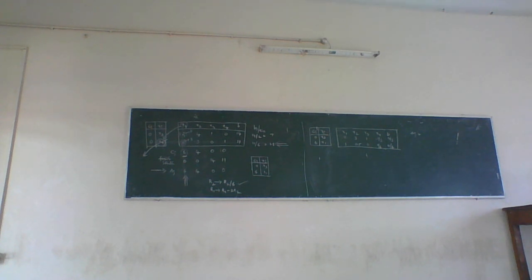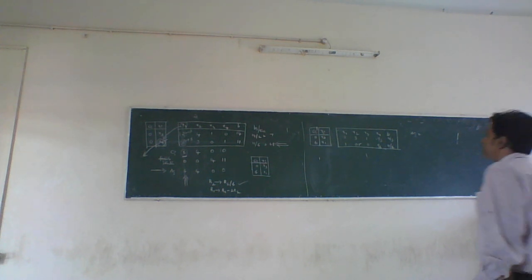How many girls have done? Now what are the delta j values?